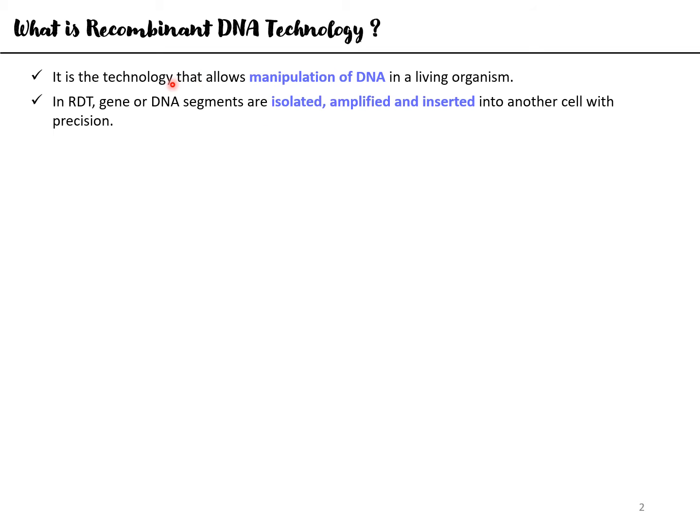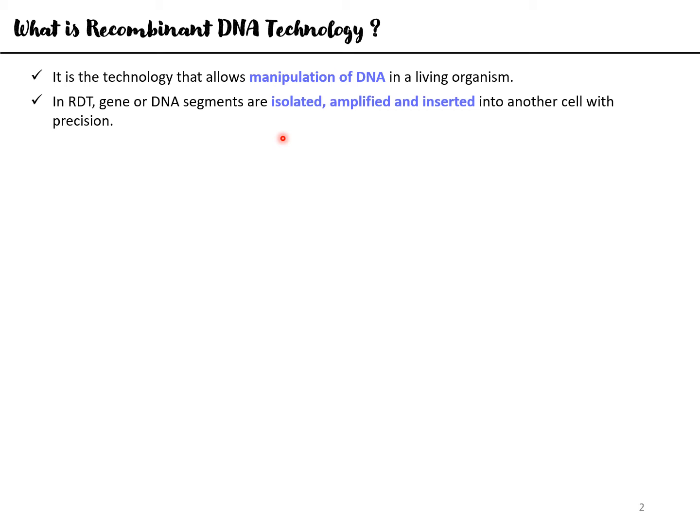So in RDT, the abbreviation used for recombinant DNA technology, gene or DNA segments are isolated. If you want to express and purify or study a specific protein, then you should first be able to identify and then isolate its gene. So you have the genetic map in your hand, because the gene is the blueprint of everything, right?